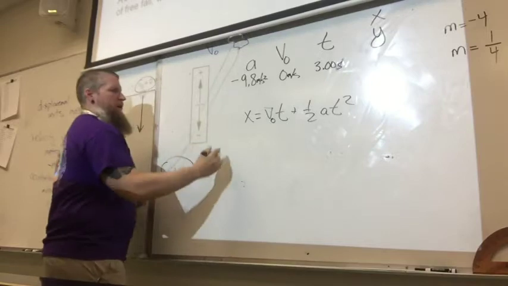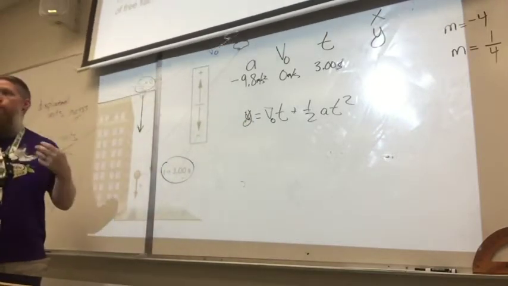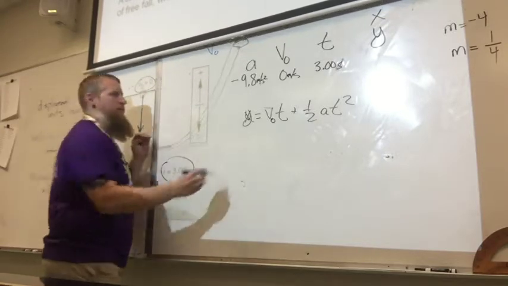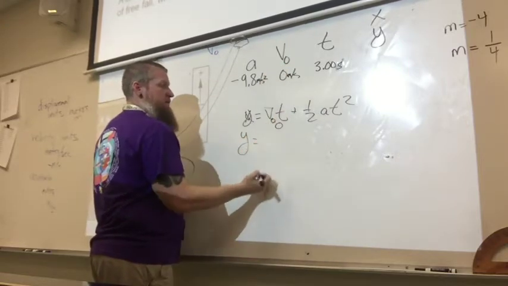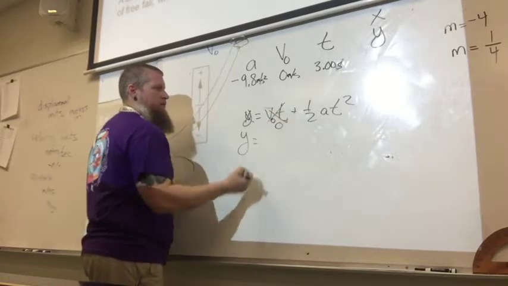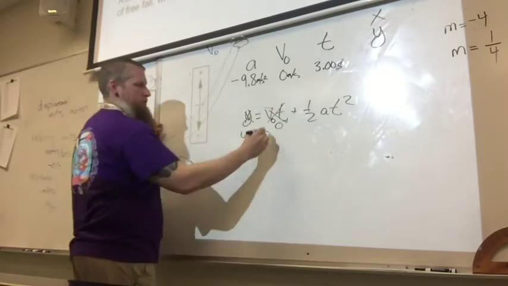Okay. Now I know we're finding y here, but y and x are interchangeable because they both represent displacement. y is just the vertical displacement as opposed to horizontal. So if I plug in what I got, that's a big 0 there for the initial velocity term, so I'm just going to drop it out, because I don't need to rewrite it if the 0 cancels it out.